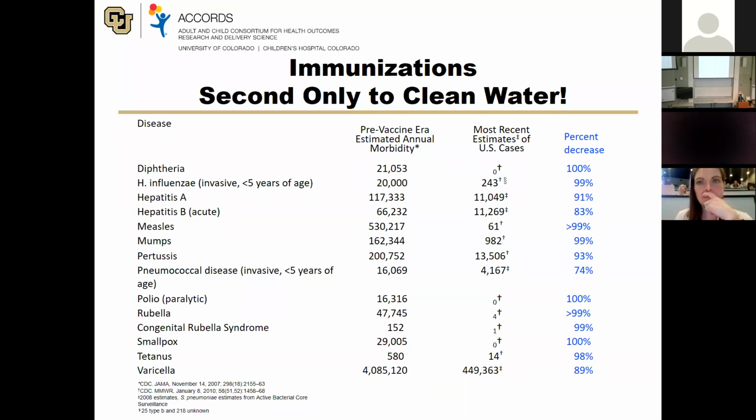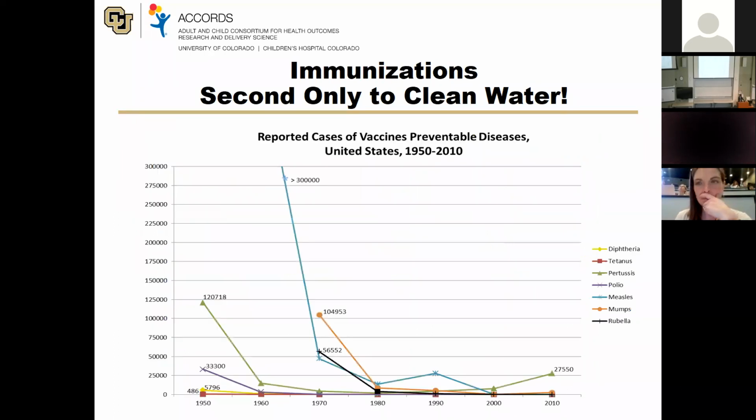And most of these are in the 90+% range. And here's another slide showing the common vaccine preventable diseases that we give immunizations for to 19 to 35-month-old children, which is the subject of the study I'm going to discuss. And as you can see, very dramatic decreases after the advent of vaccines.